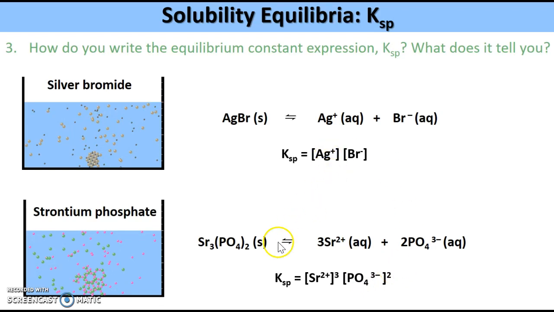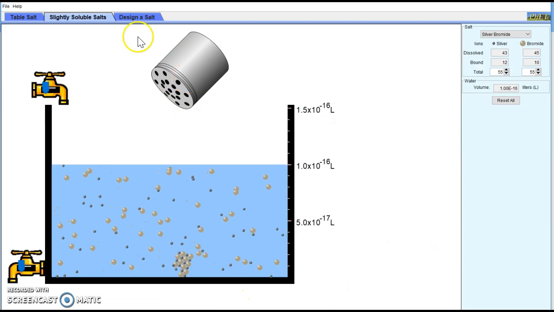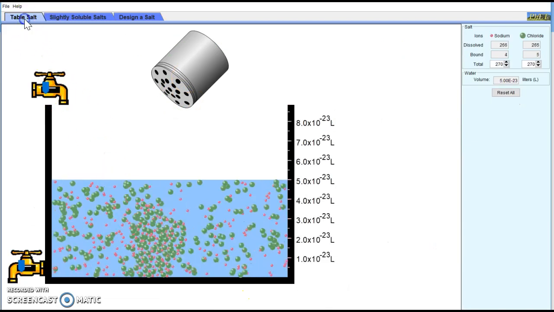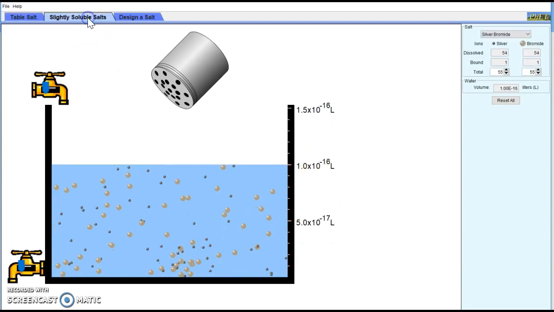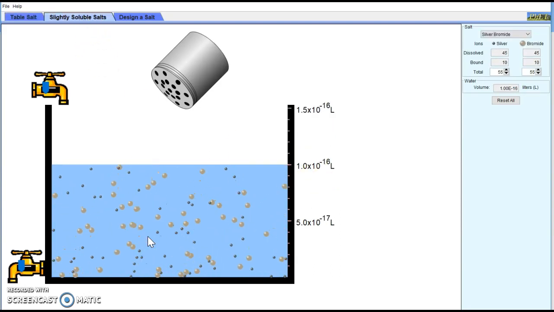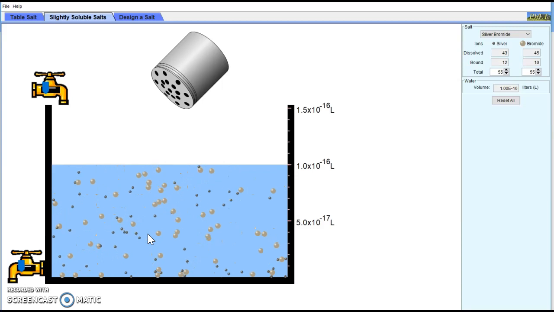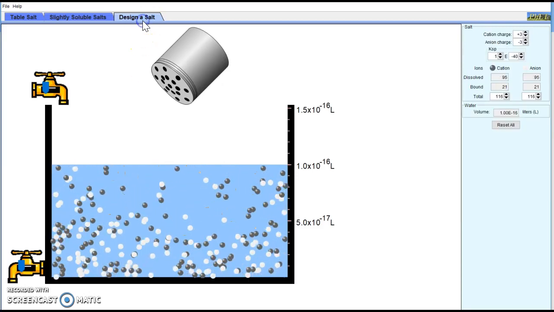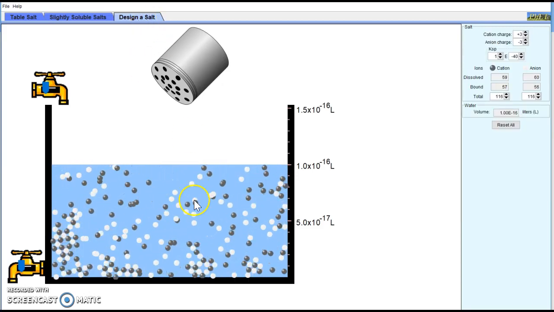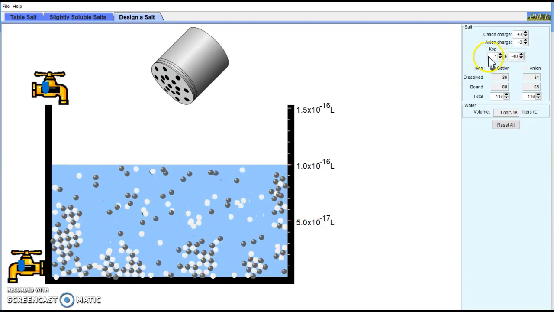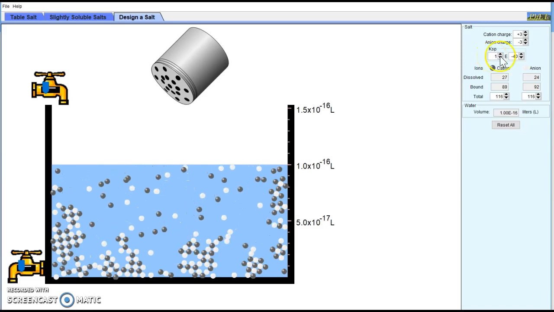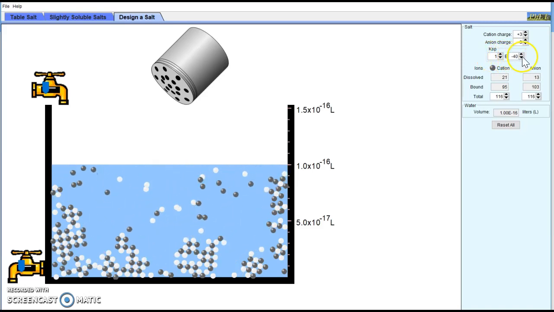Now, what does this number actually mean? If I go back to the PhET for a second, clearly table salt has a much higher solubility than silver bromide. And that will be reflected in the value of KSP. If we go to this third tab, Design a Salt, I've made a salt here with a KSP, if you look here tiny in the corner, of 1 times 10 to the minus 40.